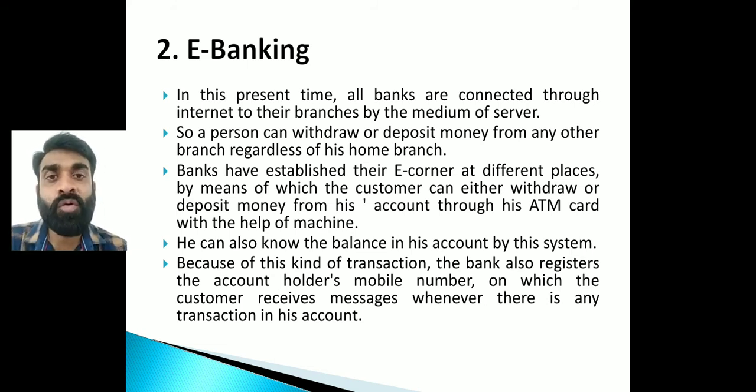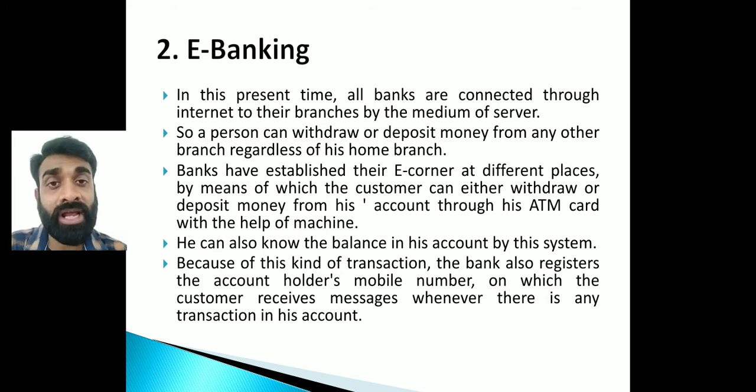See, the mobile number is the identification. So when you register your cell phone, obviously you are going to get every single message of your transaction, whether it is crediting money, debiting money, withdrawals or receipts, everything. Okay, right? So these electronic tools, like ATM machines and mobile phones, are also used as electronic tools.